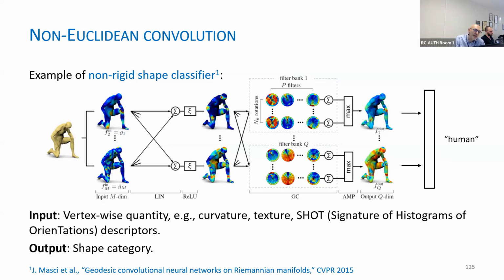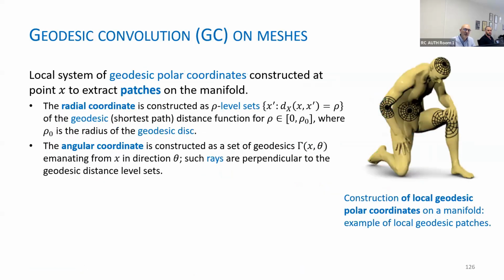So the input is this mesh, and the output is the shape category. Of course, on the mesh we can also have some features, some descriptors. Here I do not go into details about the descriptors; this is not much relevant. The most important thing here is to understand how to perform a convolution on this manifold.